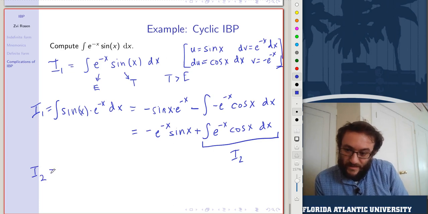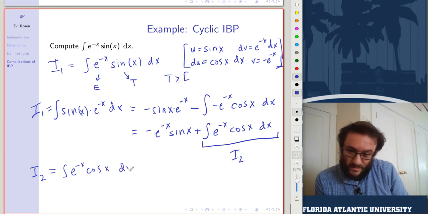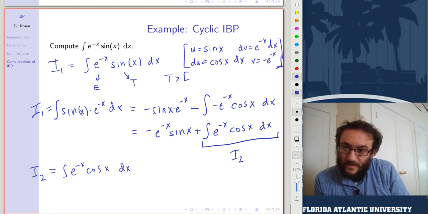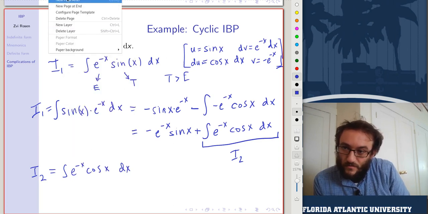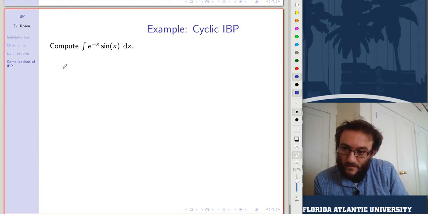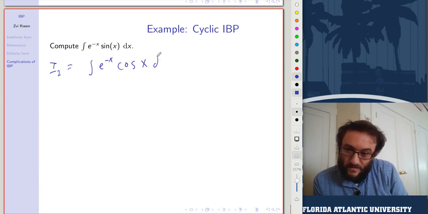So we have I2 equals the integral of e to the minus x cosine x dx, and let's do this on another page.